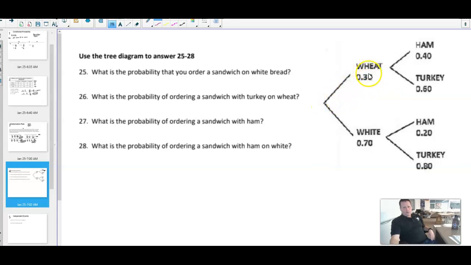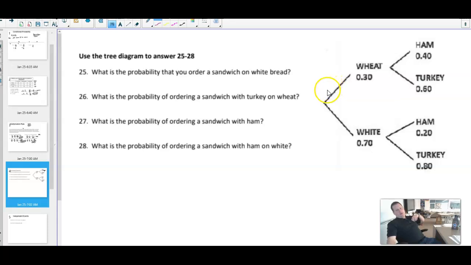Let's say there's a 30% chance of customers choosing wheat and a 70% chance of choosing white. Then if they choose wheat, there's a 40% chance of ham and a 60% chance of turkey. If they choose white, then it's 20/80. Okay, so I've got two events here. This is going to be dependent on this.